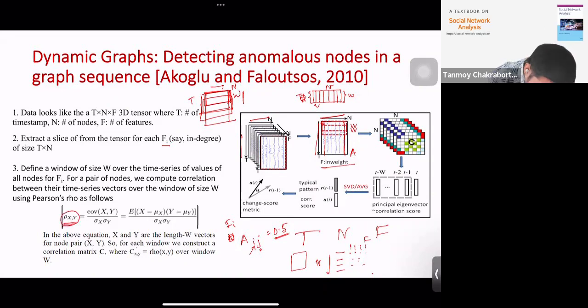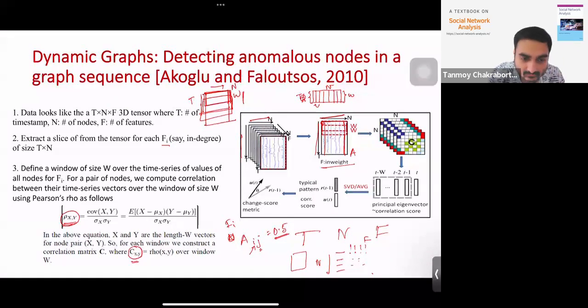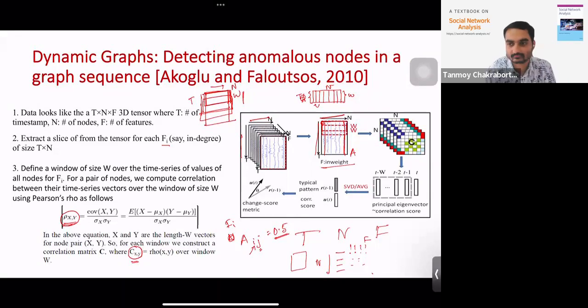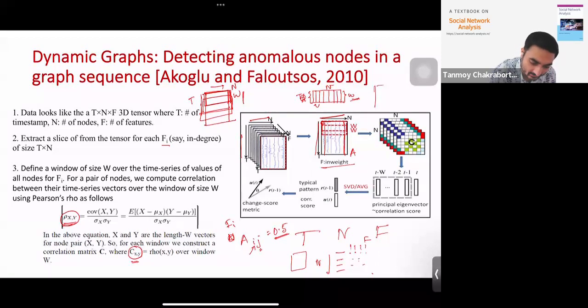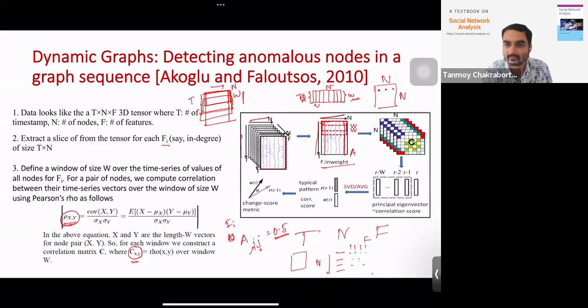So C_XY is the Pearson correlation value of two nodes X and Y at a particular W, right? So for a particular W, what you get is an n cross n matrix, where every entry indicates the correlation between a pair of nodes at that particular W time slice.